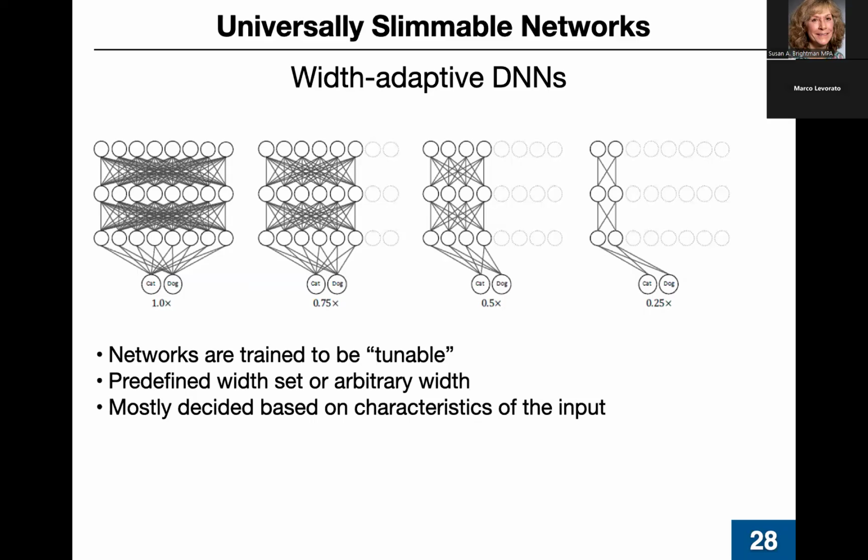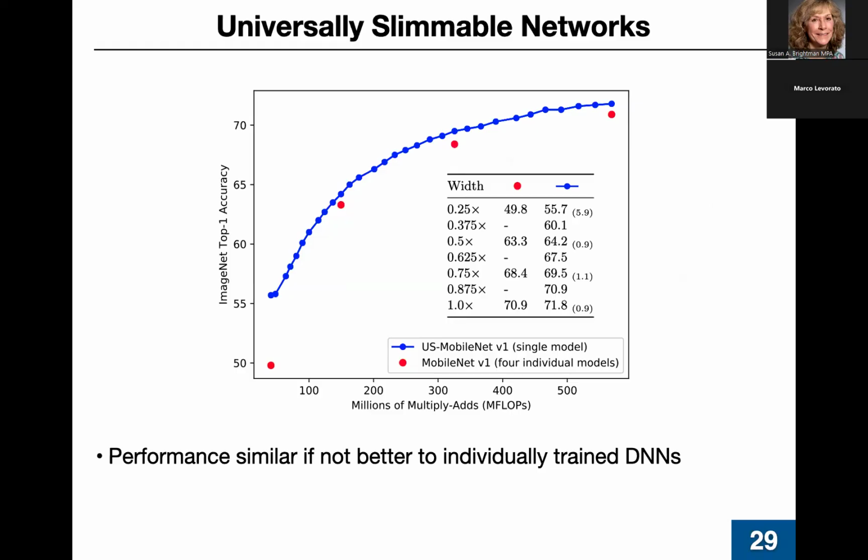When this was born, not so long ago, it was basically a way to train one model, and then at deployment time, you decide how complex you want it to be. But my problem is different. I want to actually adapt complexity at runtime, right? Because my problem is adapting the model to the context, not to the macro application, right? So we built a version of these models.